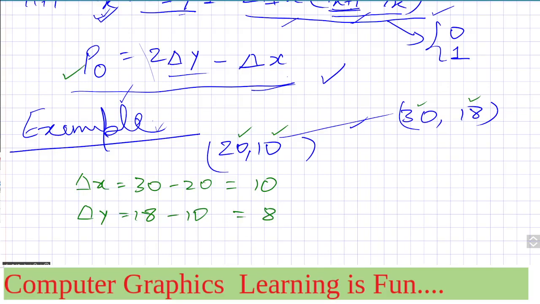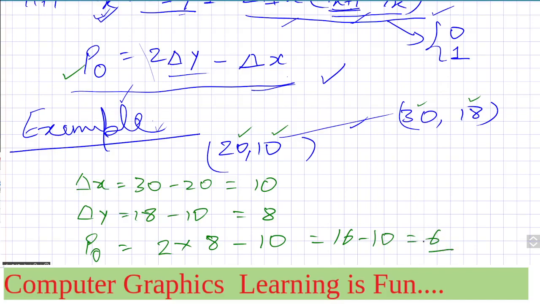Initial value of p naught: 2 delta y minus delta x, 2 into 8 minus 10, 16 minus 10, it is 6.